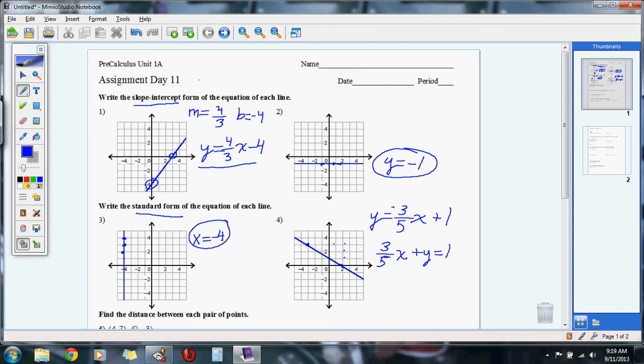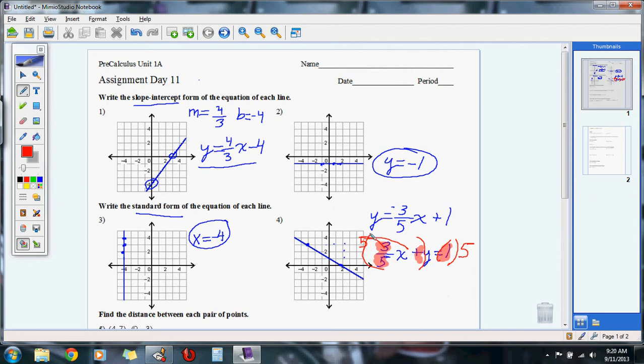For this to actually be in standard form, I can't have fractions here, here, or here. I'm good here, but I've got to get rid of the fraction. So I'm going to multiply everything on this side, whoops, missed it there, sorry, by 5, distribute that through, and then multiply this side by 5. I'm still getting better with the pen.